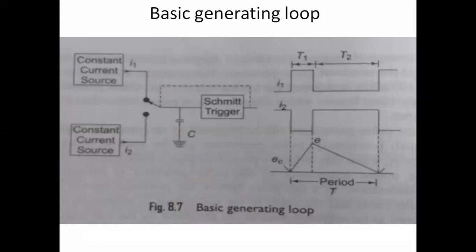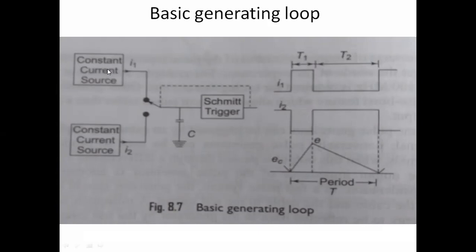As in the previous function generator, here we have two constant current sources, I1 and I2. These two constant current sources are connected to the Schmitt trigger, and that current source connects to a ramp capacitor. Here this capacitance is nothing but the ramp capacitor.